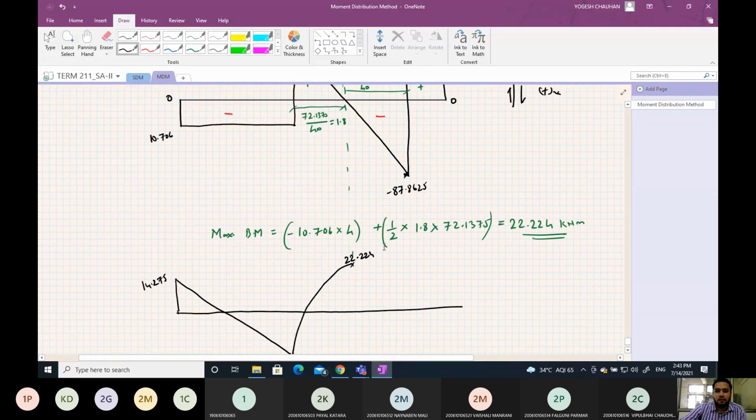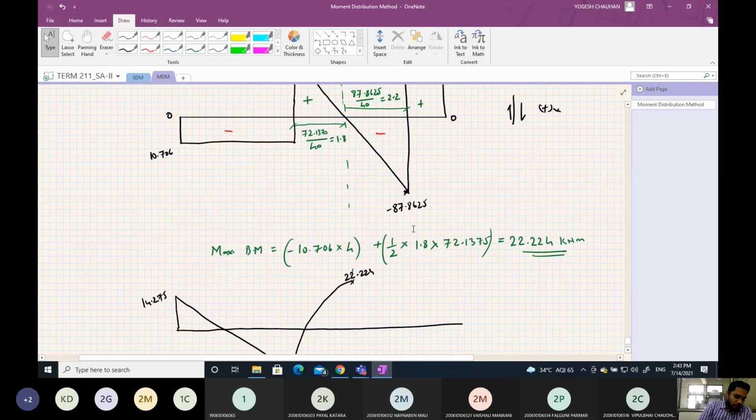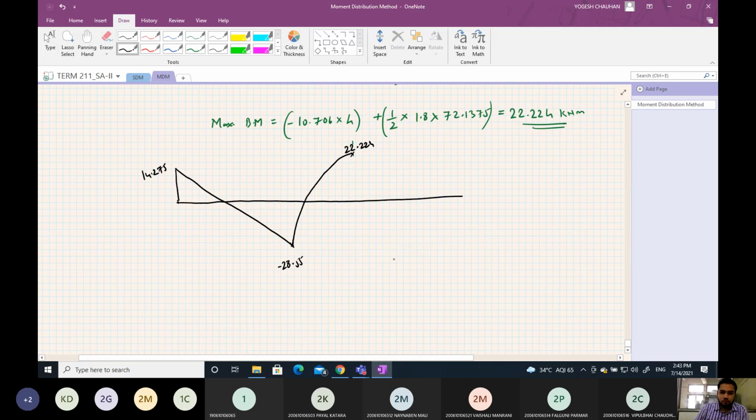Then you deduct from 22.224 the area of this triangle, so that will be 1/2 into 87.8625 into 2.2. That will be minus 74.424. So this will be like this.